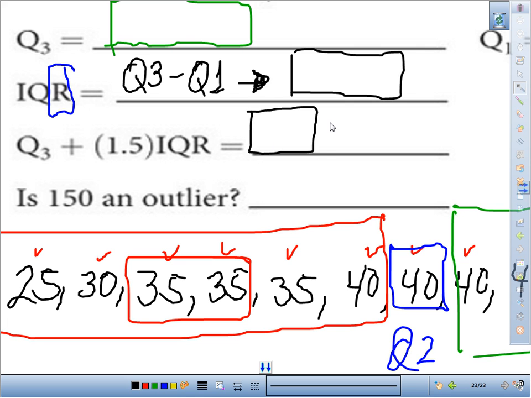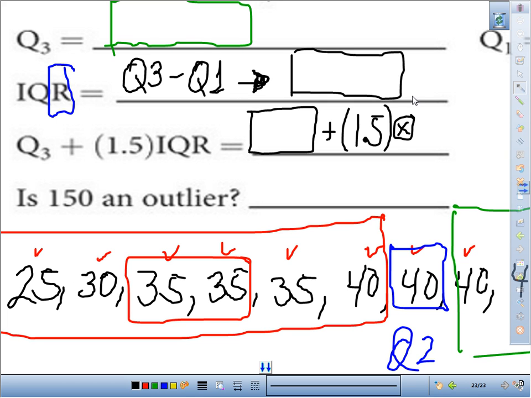From there, I want you to press the plus button. Press to open up parentheses and type in there 1.5, close parentheses, press multiplication symbol or times, and then I want you to type in there the IQR, whatever your IQR was.